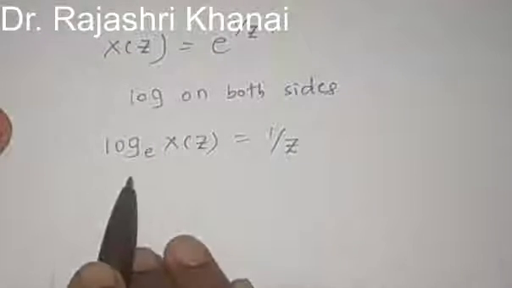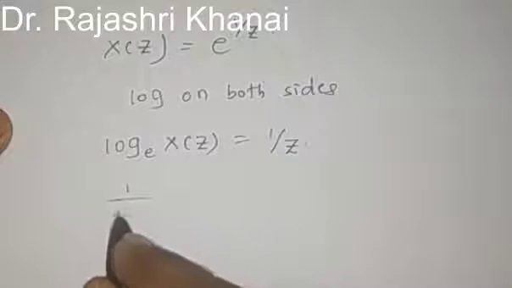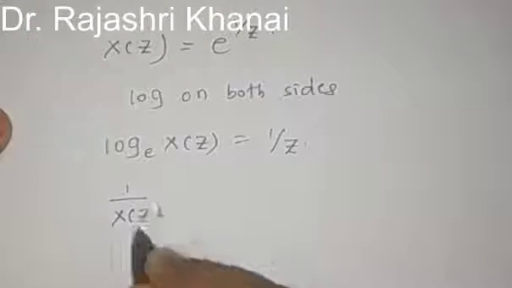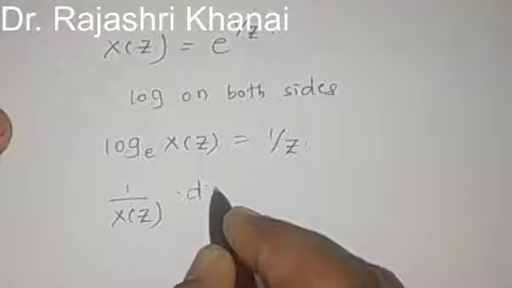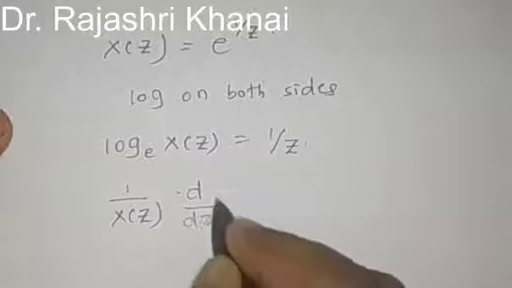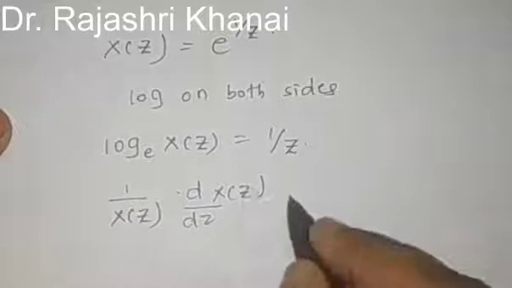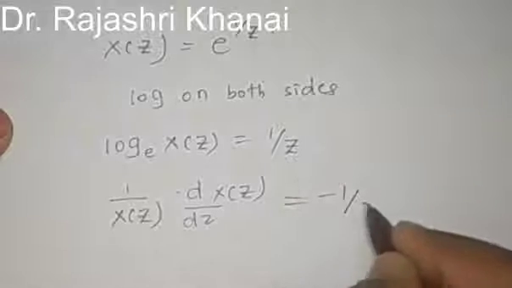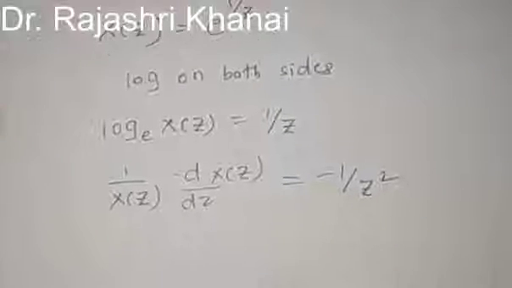Now if I differentiate this, it will be 1 upon X(z) into d by dz of X(z), which is equal to minus 1 divided by z square after differentiating.